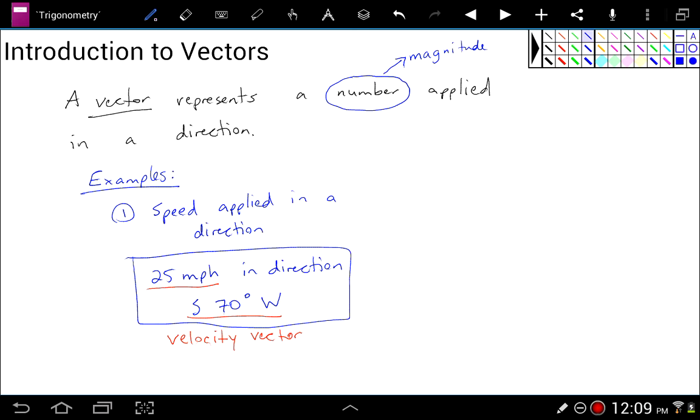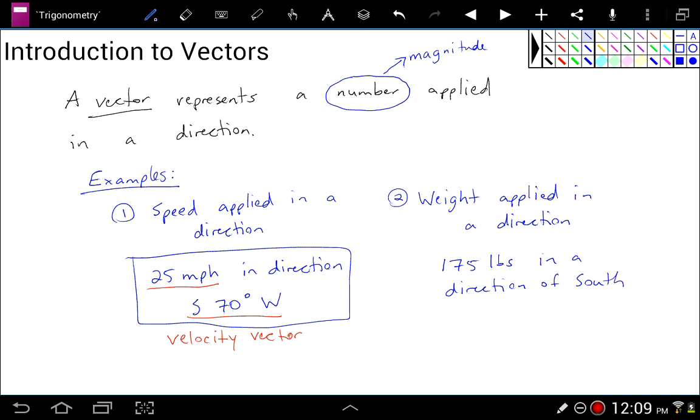Okay, another one is, let's say, a weight applied in a direction. So you could apply 175 pounds in a direction of south.